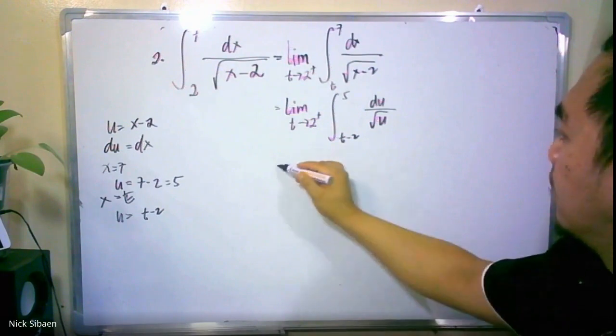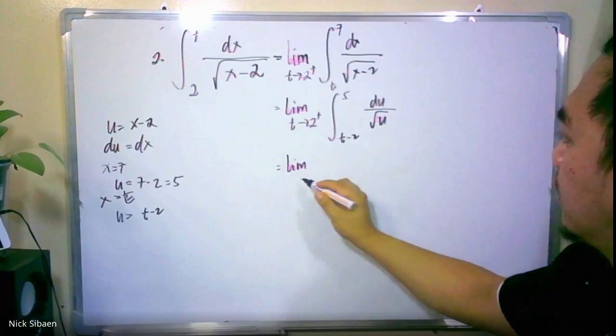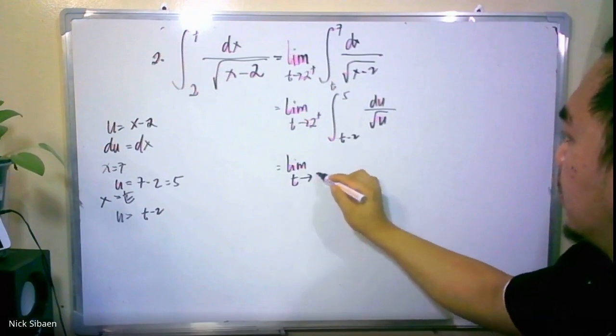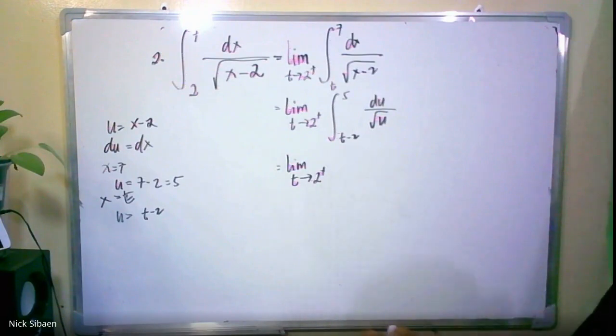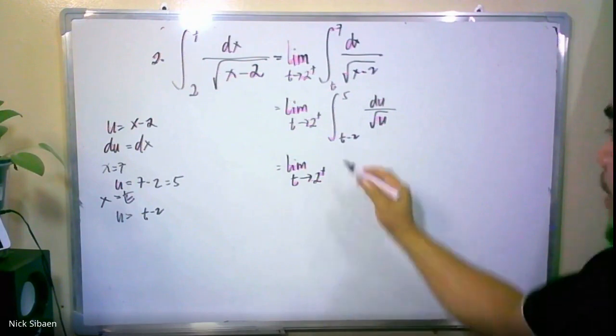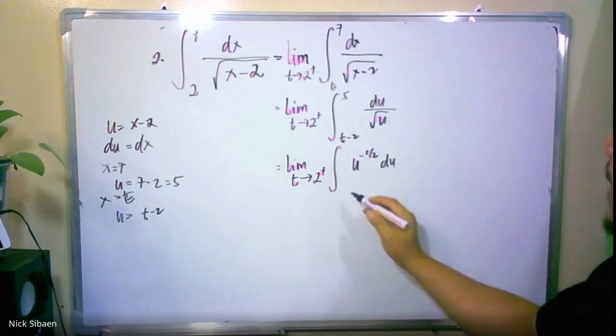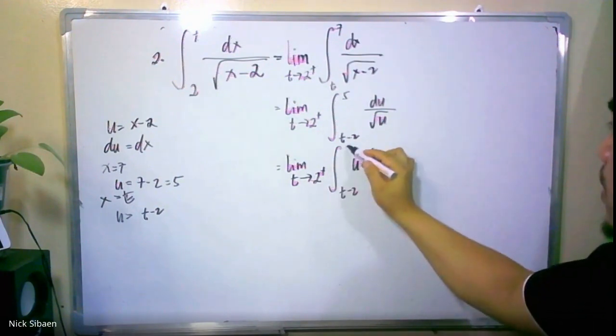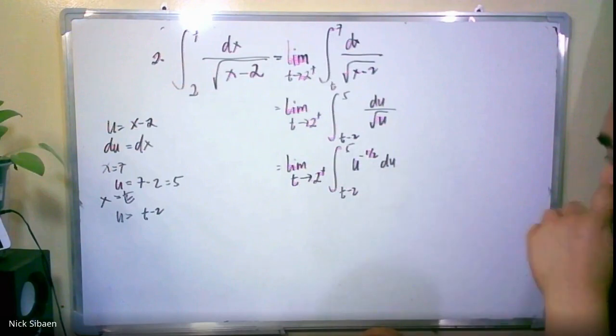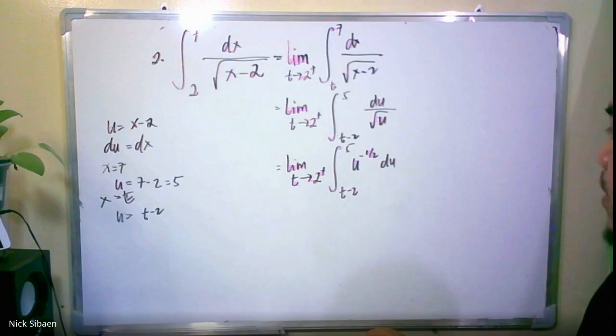Okay. So how do we integrate now 1 over square root of u? This becomes u raised to negative 1/2 du. Saglit lang.